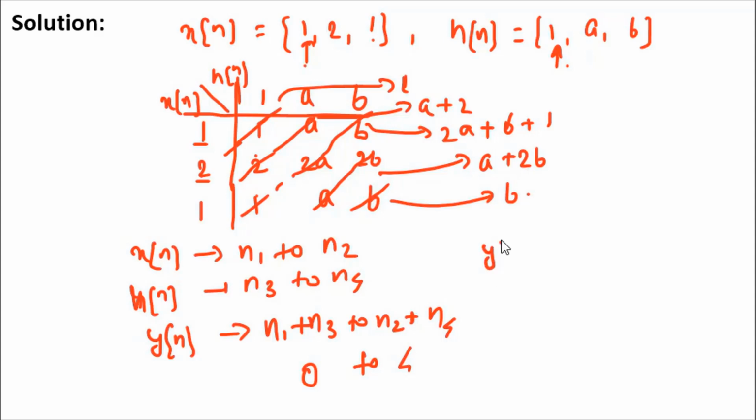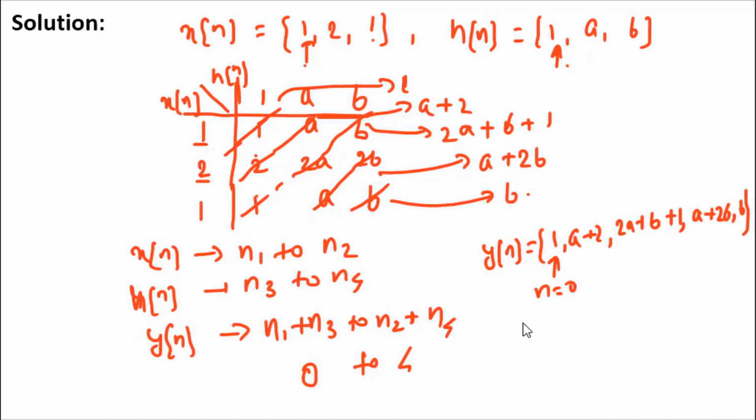So you can write y of n as 1, a plus 2, 2a plus b plus 1, a plus 2b, b. This is your y of n expression, and this is your n equal to 0 point. This is the same y of n as you got previously.